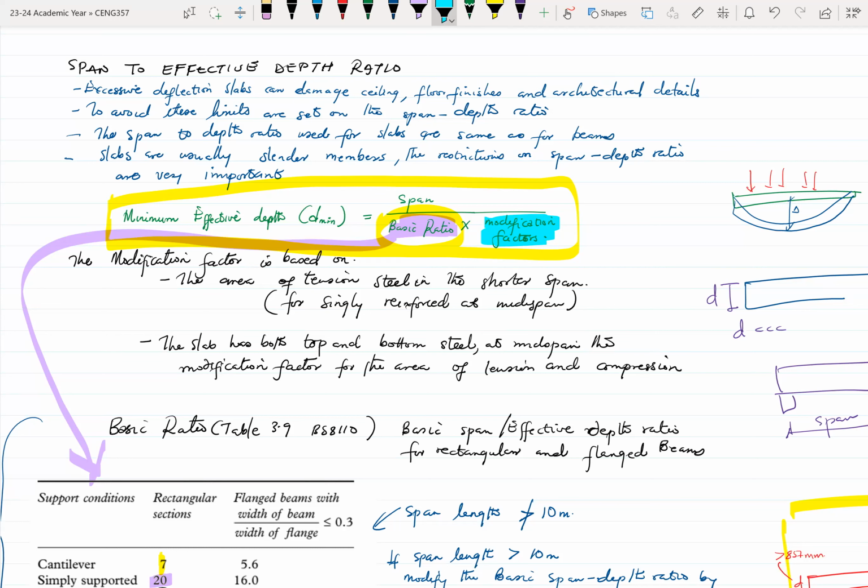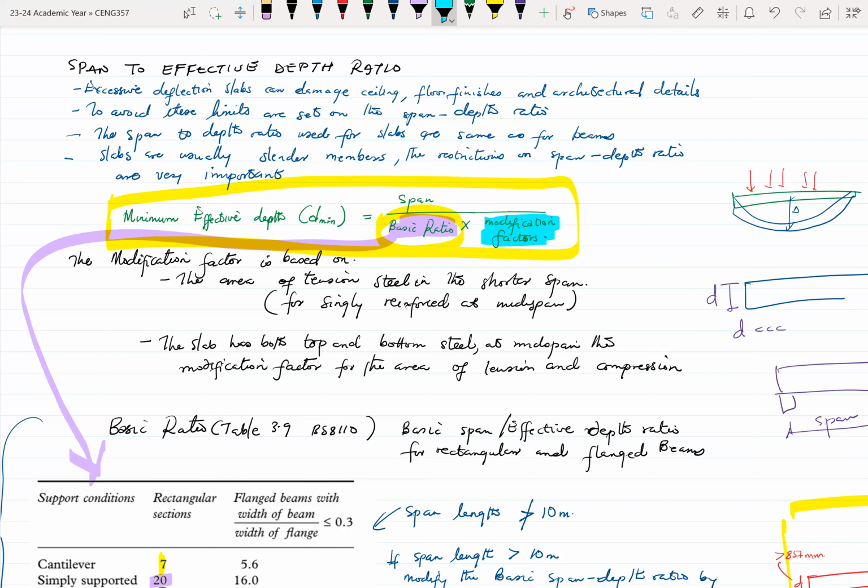Because you would have to estimate the effective depth before you even start your design, at that point you might not know whether you have compression reinforcement or tension reinforcement. So in practice, what we do is we just divide the span by the basic ratio.